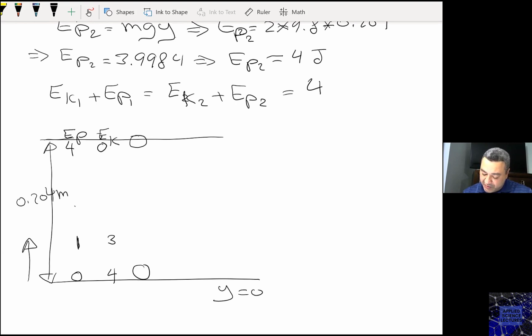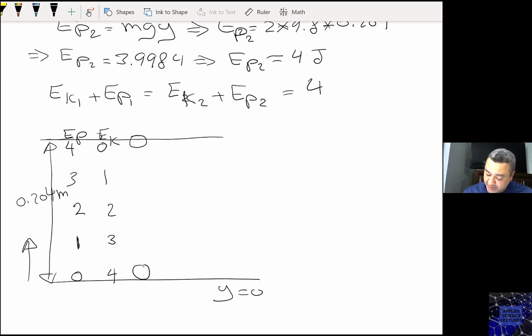Let's assume that this one went higher, became 2. This one becomes 2. And then went further higher. Then this one becomes 1, and then this one becomes 3. And then reached the maximum height. At that maximum height, the kinetic energy becomes 0, and the gravitational potential energy becomes 4.